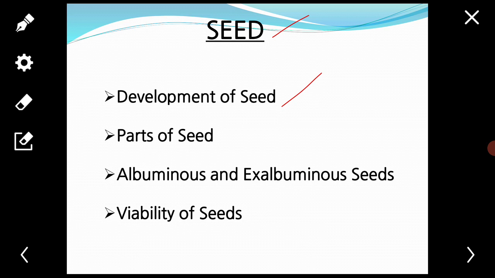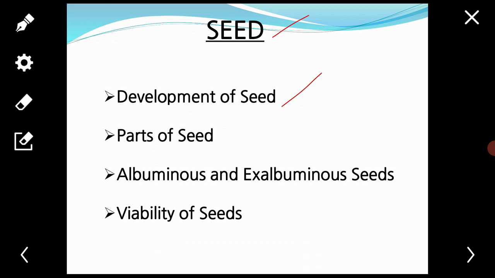A number of changes usually occur in the ovule during the development of the seed. Number 1, the zygote develops into an embryo.